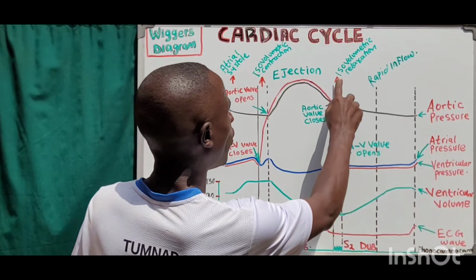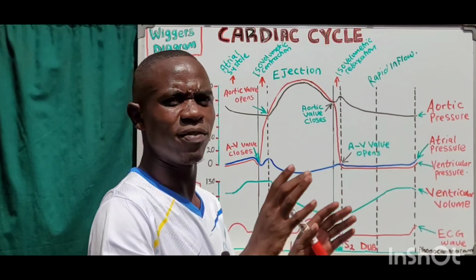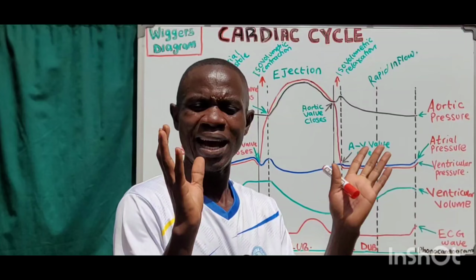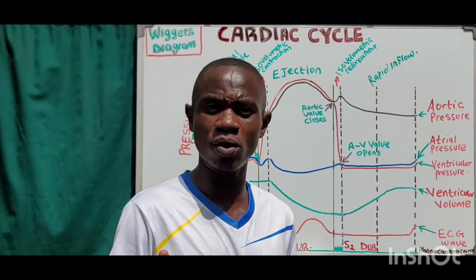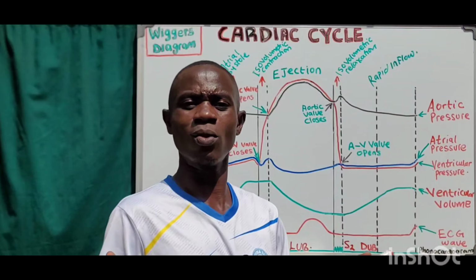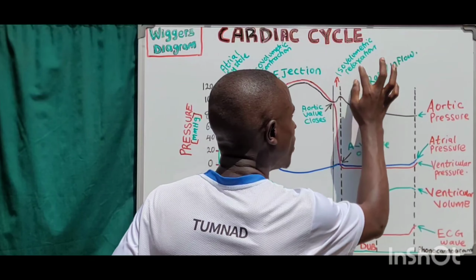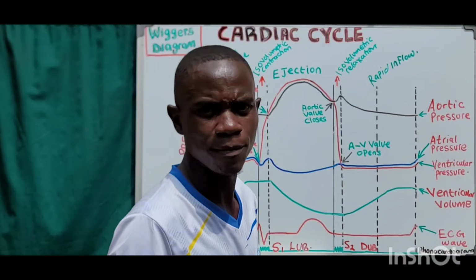But of course, when we are in isovolumetric ventricular relaxation, we saw that however much the ventricles were relaxing, there was no blood leaving the ventricles, and no blood coming into the ventricles from the atria, because the pressure within the atria was still less than the pressure within the ventricles. That's why within this isovolumetric relaxation, the ventricular blood volume was remaining constant.